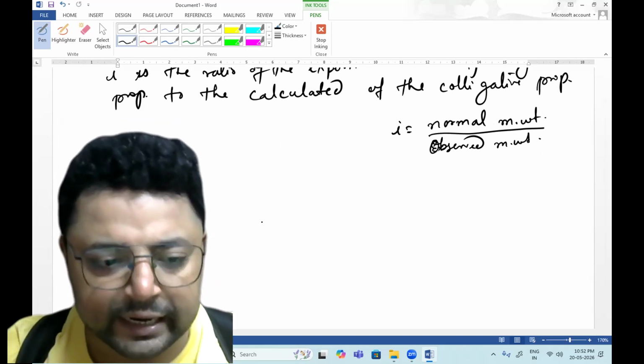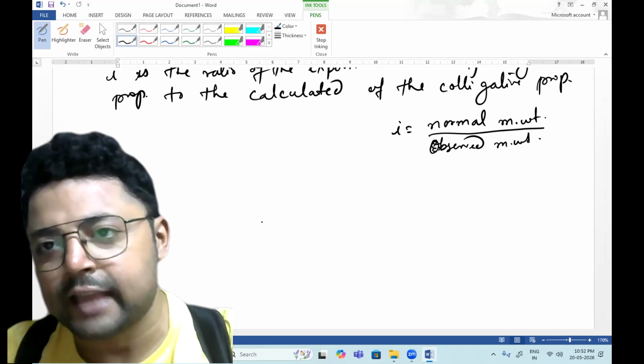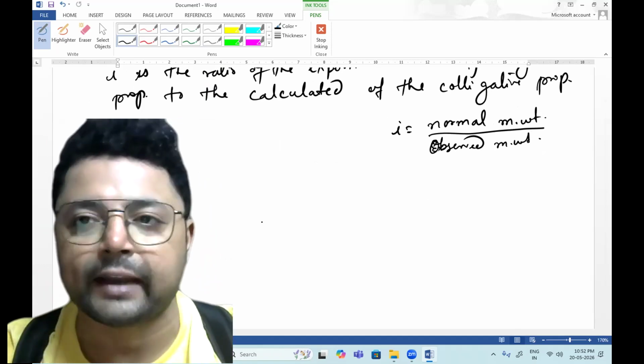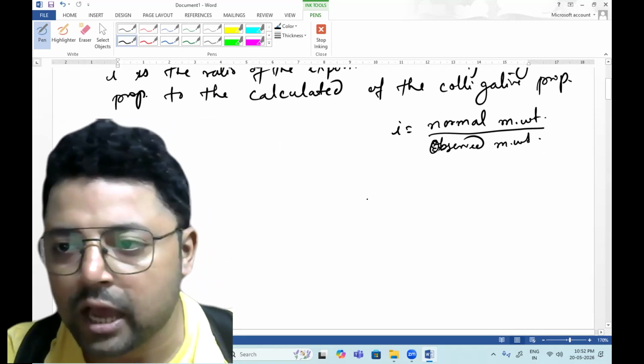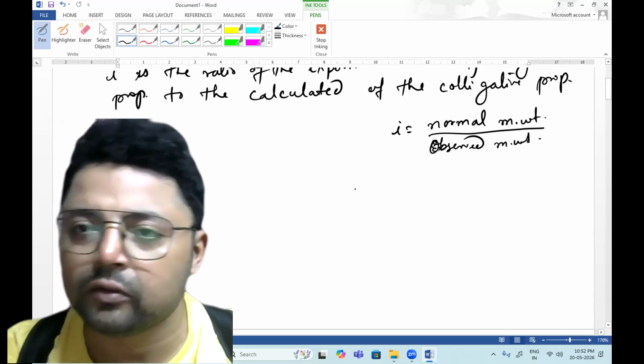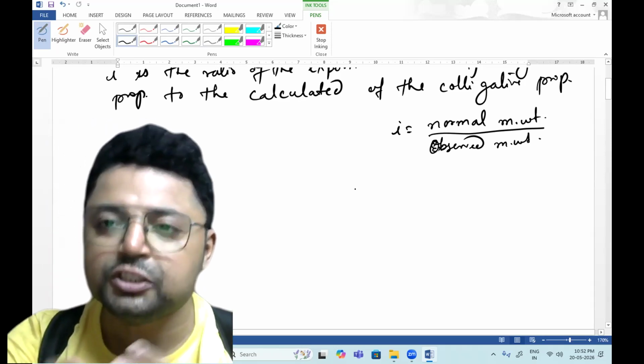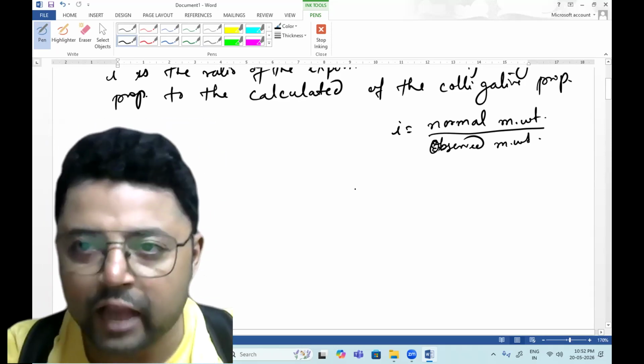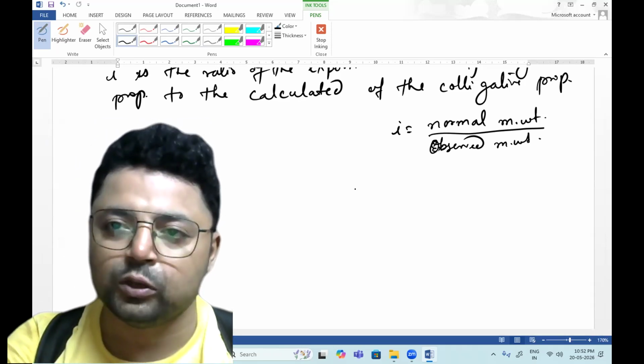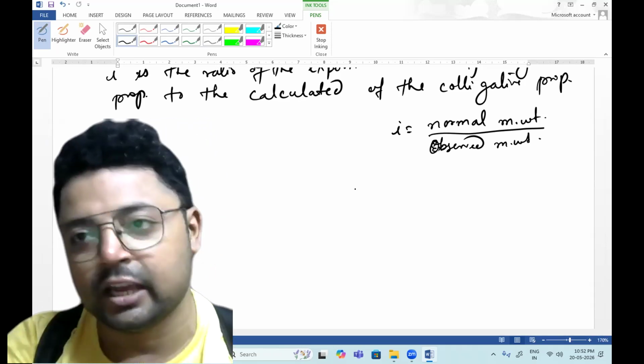We have to understand that this Van 't Hoff factor is actually an equilibrium factor. Suppose we have some solutes which dissociate in aqueous solution. We have some solutes which associate in aqueous solution.